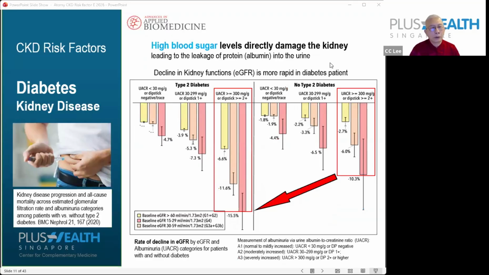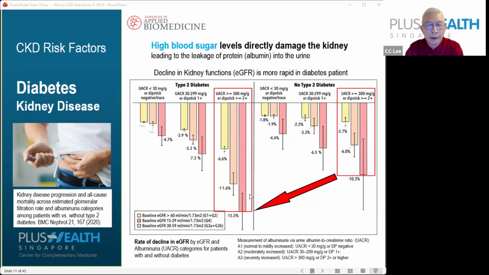So let's look at diabetes. High blood sugar level actually directly damages the kidney, right? You can see from this chart here, the red bar representing eGFR of 30 to 59. And then these are different stages of kidney function.